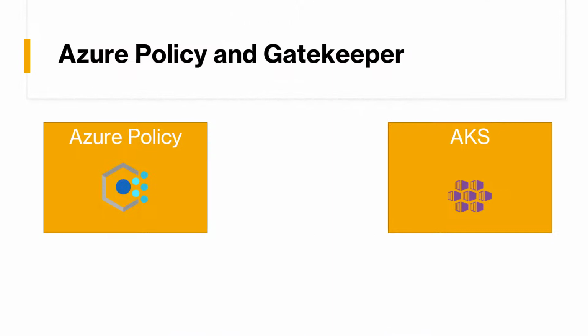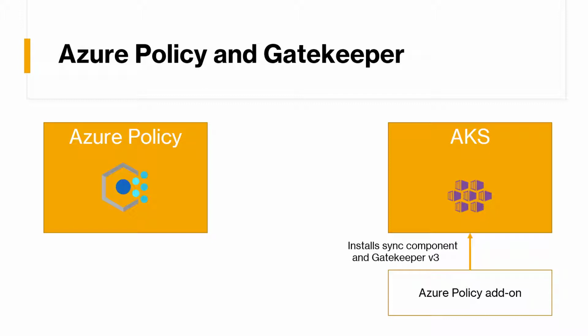A small reminder here about Azure Policy and Gatekeeper. In the previous video, we had AKS deployed and we had Azure Policy as part of the Azure Cloud. The first thing we did was install the Azure Policy add-on. The Azure Policy add-on installs a sync component and also installs Gatekeeper for you on the AKS cluster. That sync component will then go to Azure Policy and look for policies that are specifically made for Kubernetes.